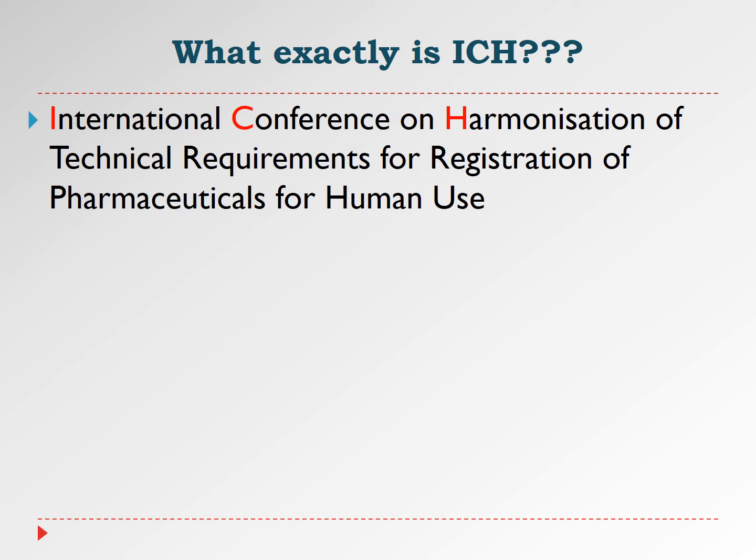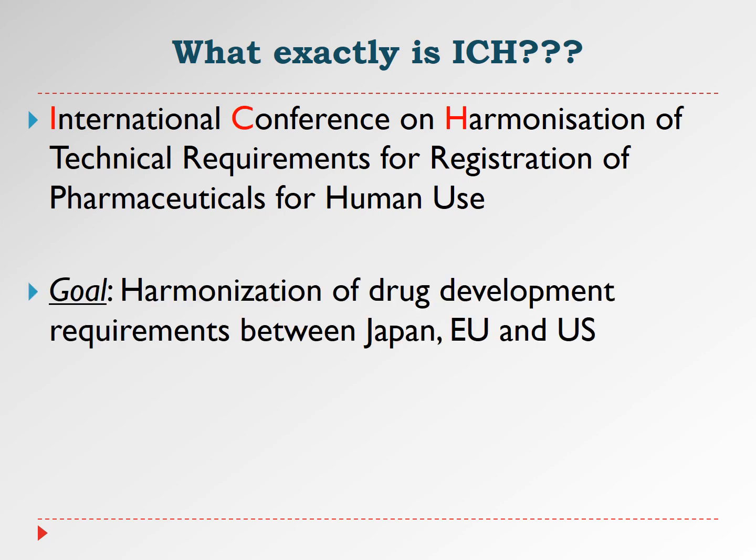The goal of the International Conference on Harmonization is to harmonize drug development requirements between Japan, the European Union, and the United States. So if Pfizer develops a drug for high cholesterol, for example, and the FDA approves this drug, saying it's safe and it works, Pfizer might then want to sell this drug in Germany and France. A lot of the drug development that's been done in the U.S. would be accepted.